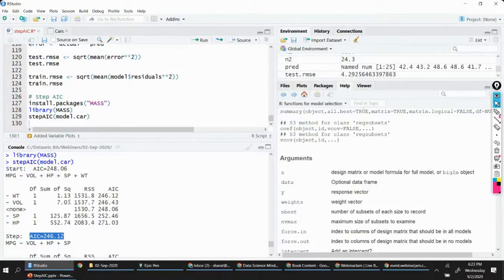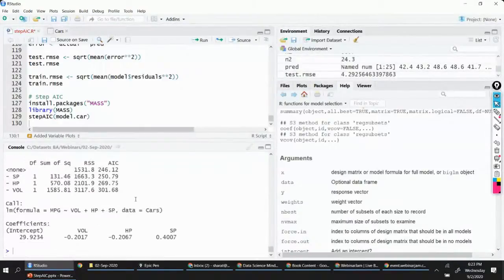So this is basically how we look into the models. And this is the equation that we get finally. So it is automatically calculating what the equation is by considering the best model among all.